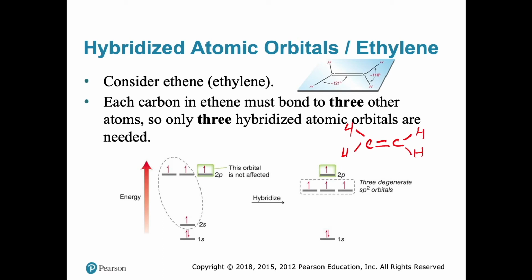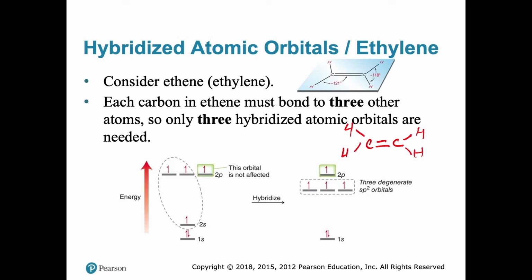That's 3 electron domains, so 3 hybridized orbitals. When you have hybridization, there will always be at least one s orbital. The thing that decreases is the number of p orbitals. So there's one s orbital and 2 p orbitals, all degenerate, and we call that sp2. So this carbon is sp2 hybridized.